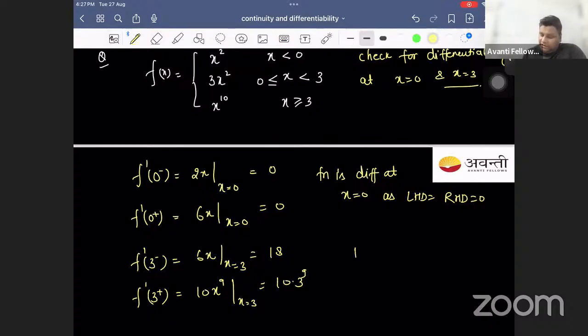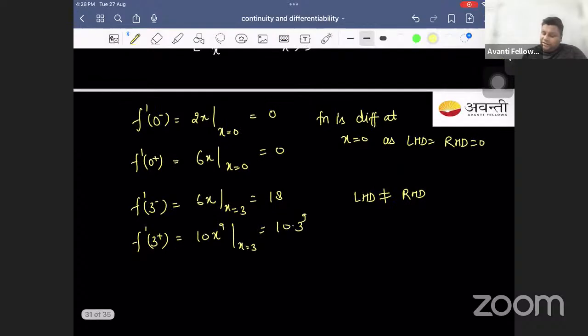So since the left hand derivative, which is 18, is not equal to the right hand derivative, which is very large, that is 10 times 3 to the power 9, what do you directly say? Function is non-derivable at x equals 3. Got it? Function is non-derivable at x equals 3.